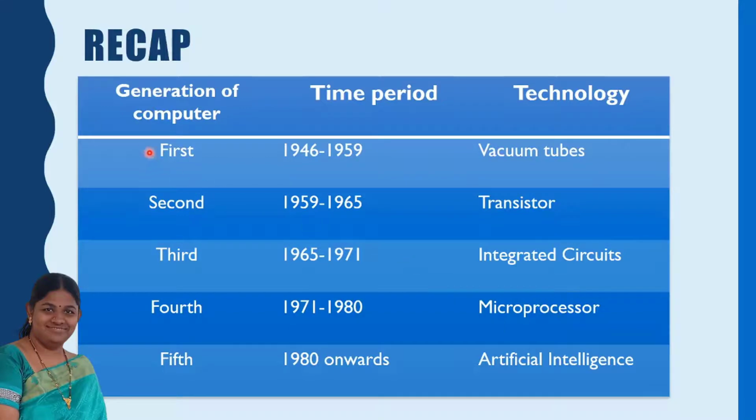The first generation computer time period is from 1946 to 1959 and the technology used is vacuum tubes. The second generation computer time period is from 1959 to 1965 and the technology used is transistors.